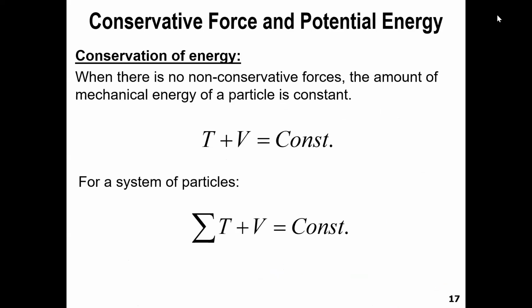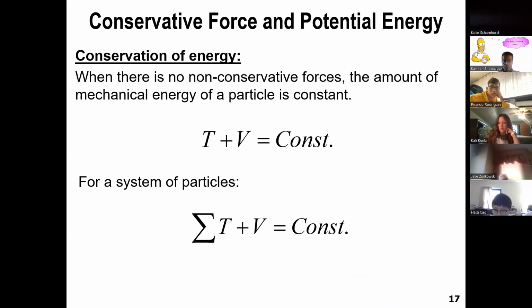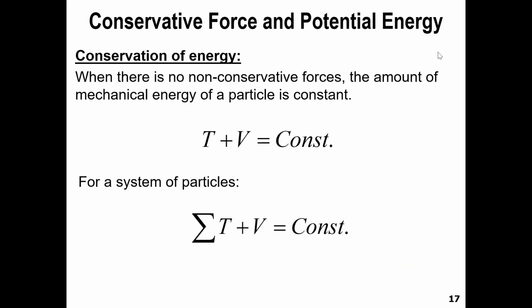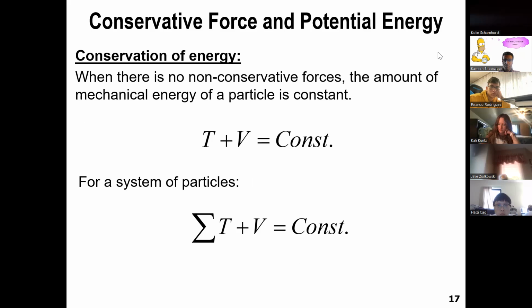One spring could be extended more, gaining more energy. The particle could lose its kinetic energy. Things could go up and down. The gravitational energy changes. The combination of all of that will remain constant, right? Any question? Looks good.